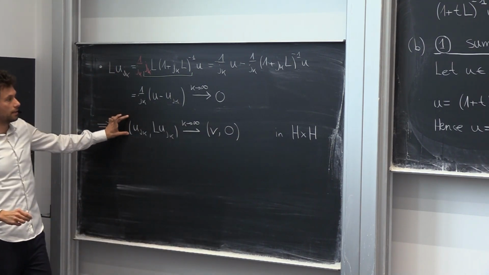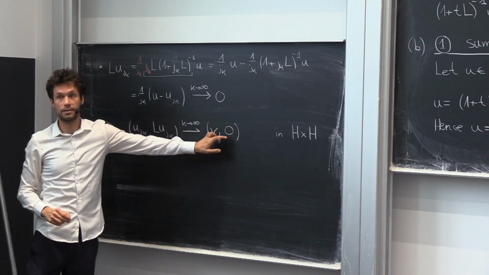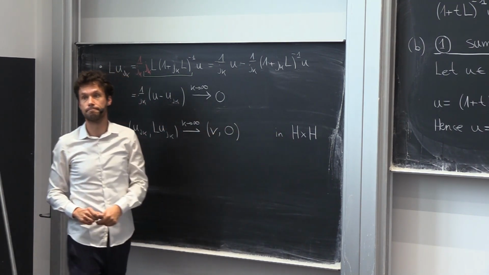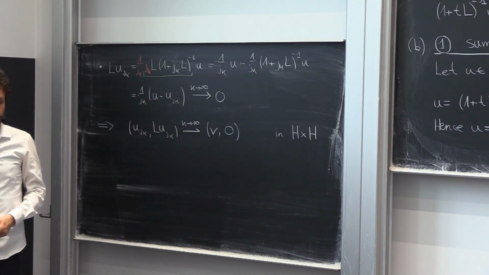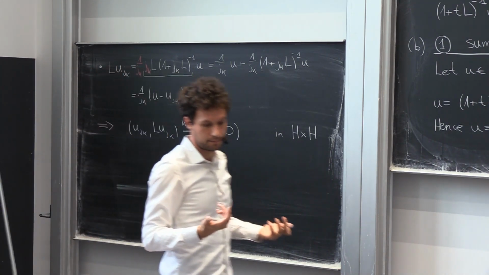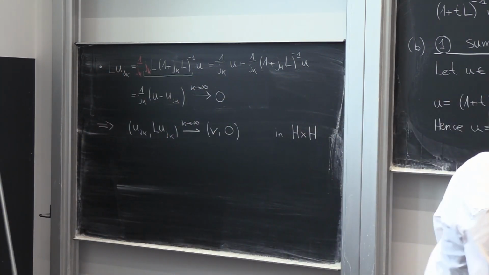So this guy goes weakly to (v, 0) in the product space. But I know that the elements of my sequence, they are contained in L.